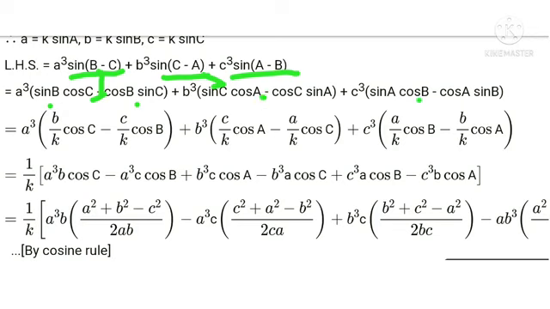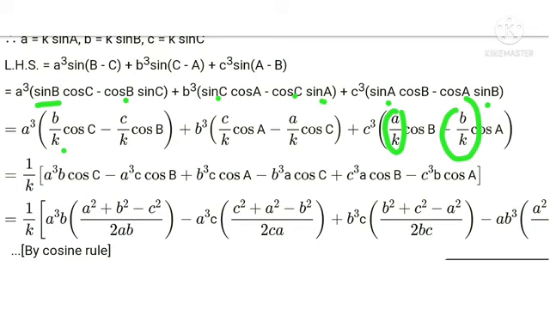Here we use this formula. Now students, you put the value of sin b as from above, b upon k, cos c, b upon k, then cos b you write as c upon k, sin c we write c upon k, sin a we write a upon k, sin a we write a upon k, and sin b we write b upon k. Put the value.